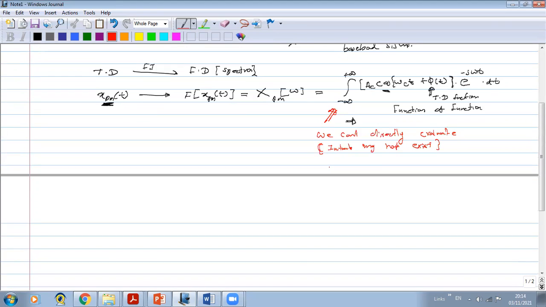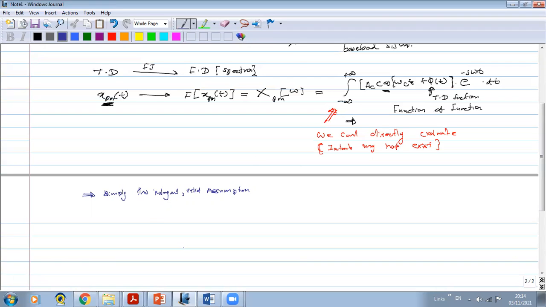So what we have to do is simplify this integral using some valid assumption, and we can try to reduce the complexity of this signal.